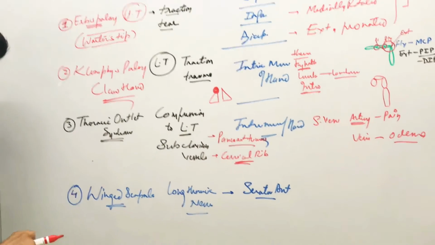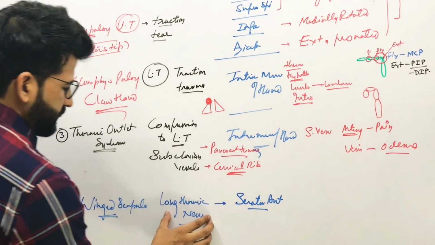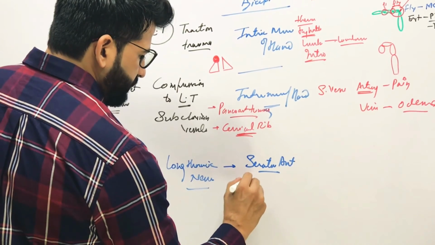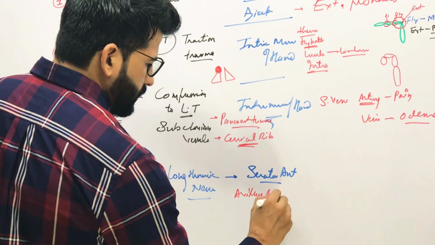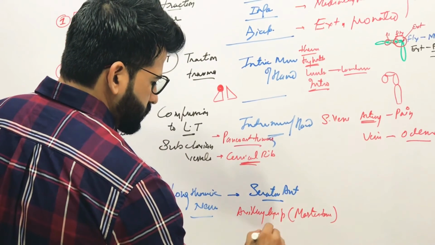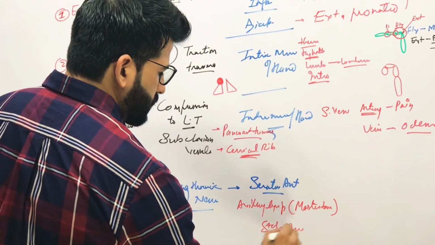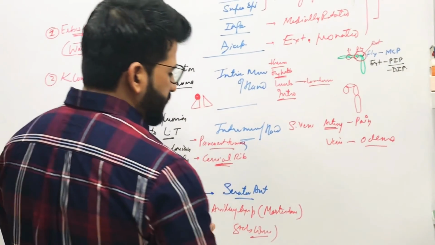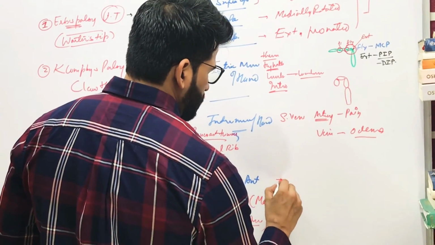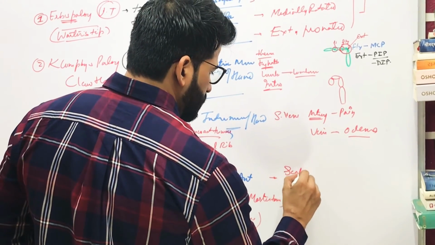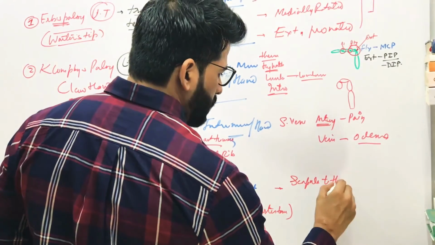Now, winged scapula: the long thoracic nerve is damaged because of removing the axillary lymph nodes in cases of mastectomy or because of a stab wound. What will happen? It supplies serratus anterior, and serratus anterior is helpful in anchoring the scapula to the thorax.